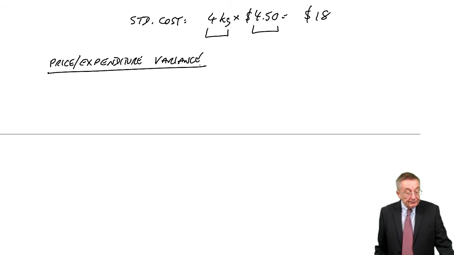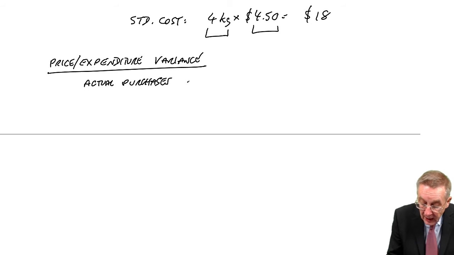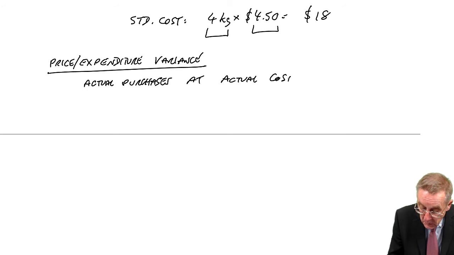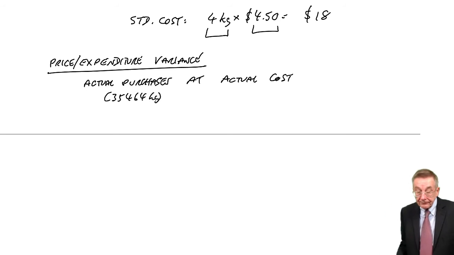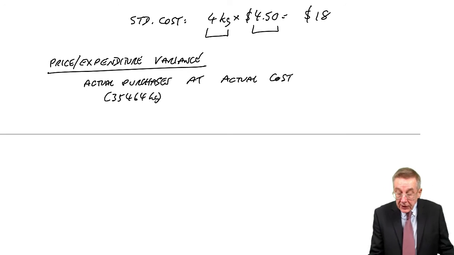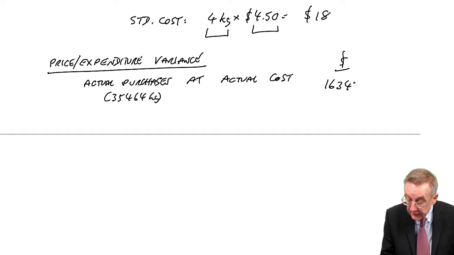And so to check, we compare the actual purchases at actual cost. So how much did we buy? We bought 35,464 kilos. Look back at the question, obviously. And how much did it actually cost us? It says we actually spent on materials 163,455.